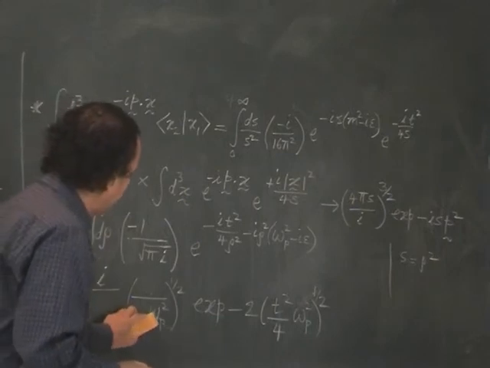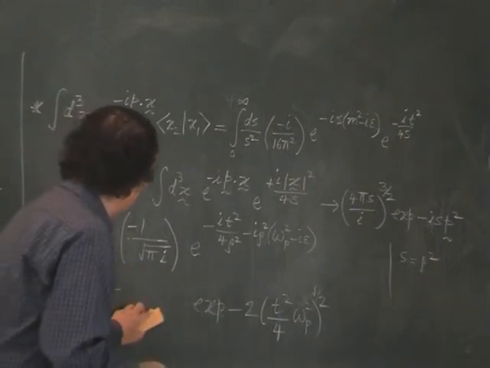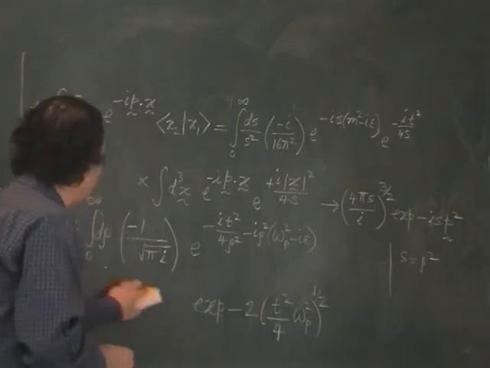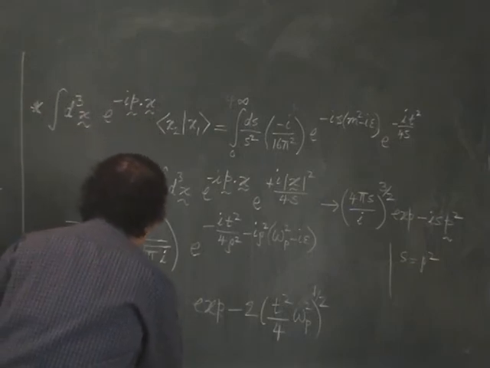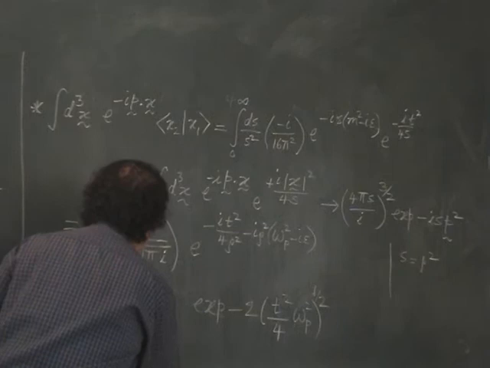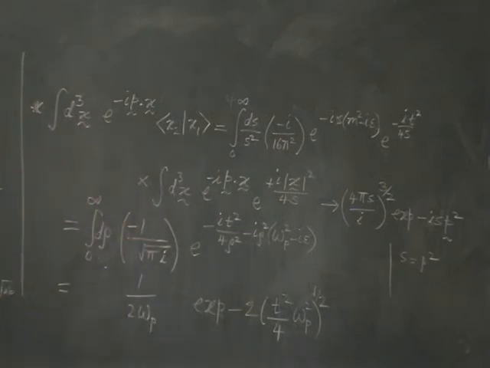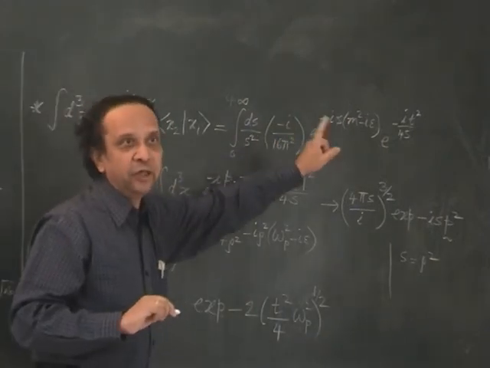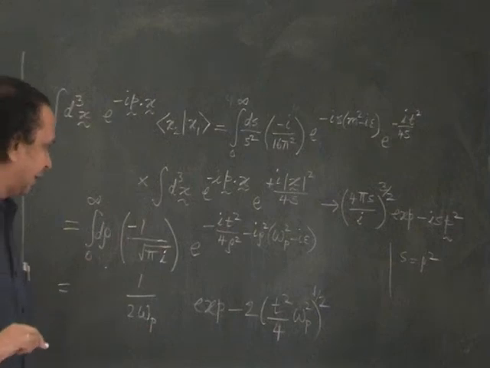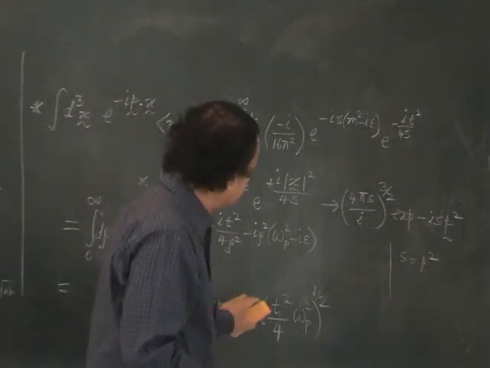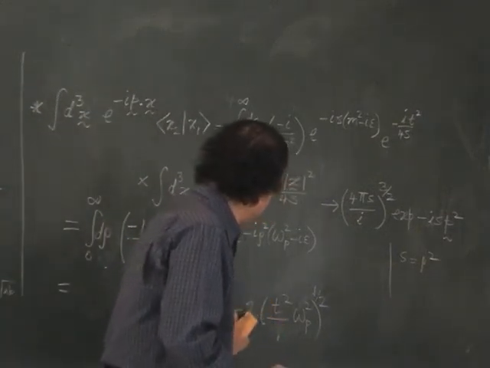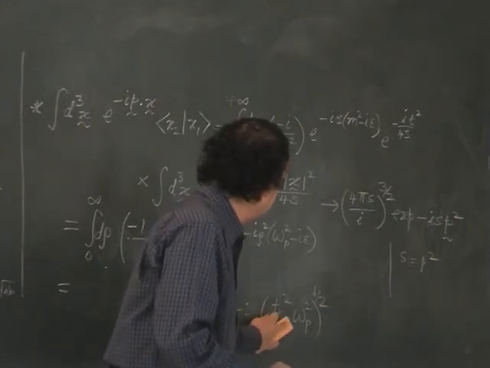And this will give me an omega. So what you get is 1 upon 2 omega p. I have missed one I factor somewhere. Ah, that is right. That is from this. I into I with a minus sign, so this is correct. Okay. So in this 2, 4 and this 2 will go away, and you are left with this.